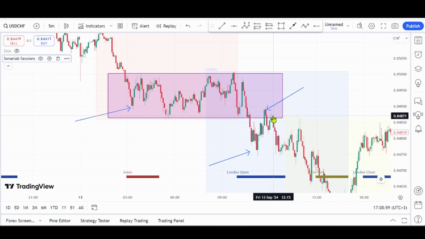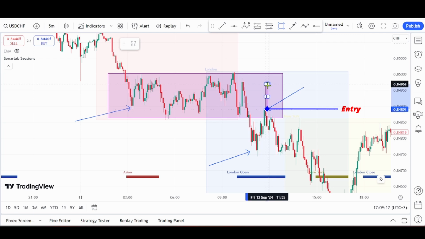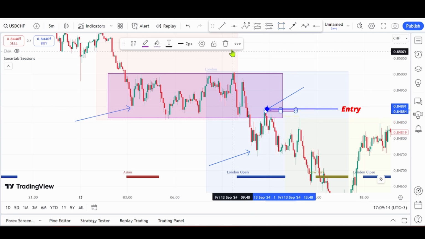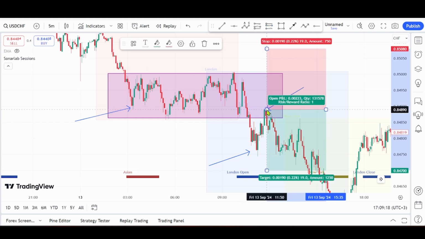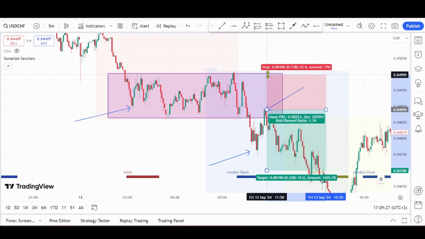Now, the fourth stage is the main distribution. This is where you get involved. This is where we get involved, and we will be using a 1 to 3 ratio.